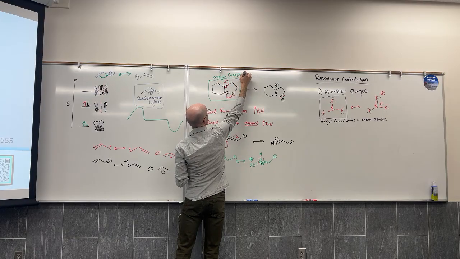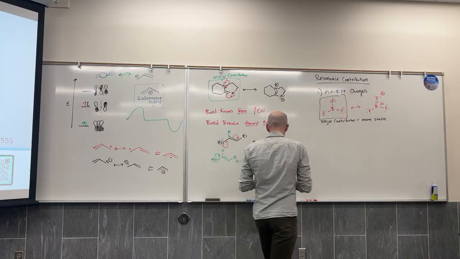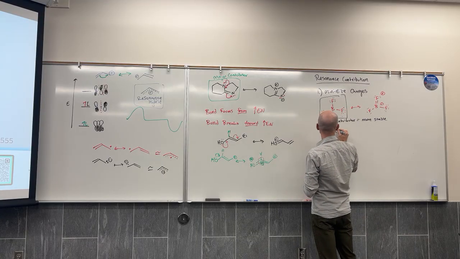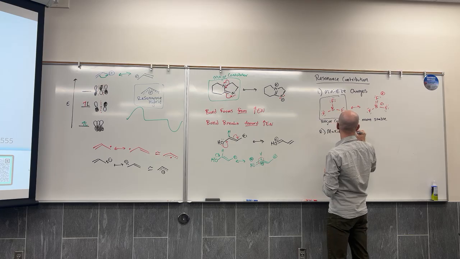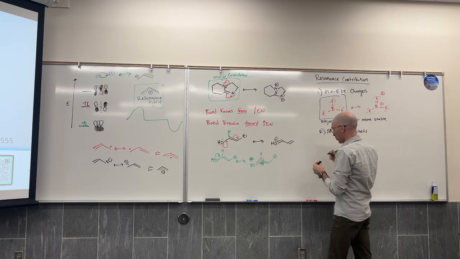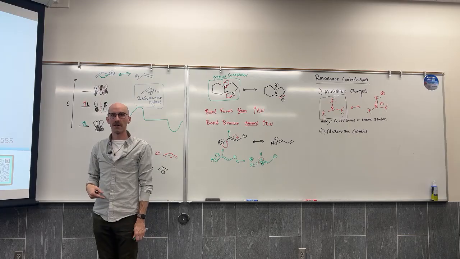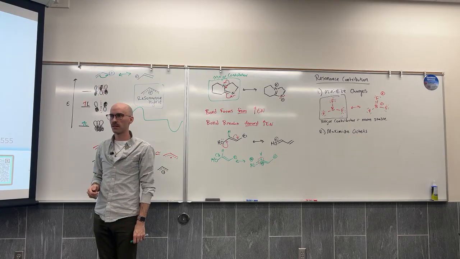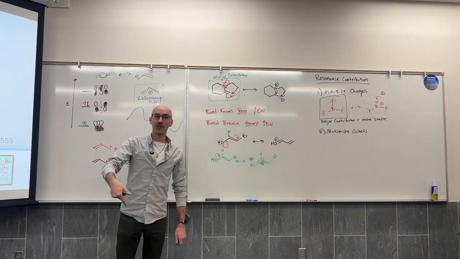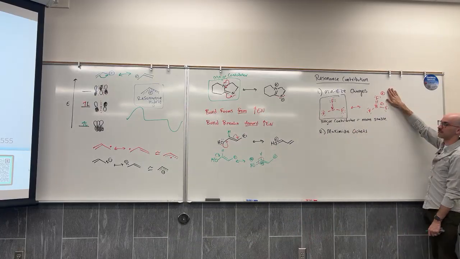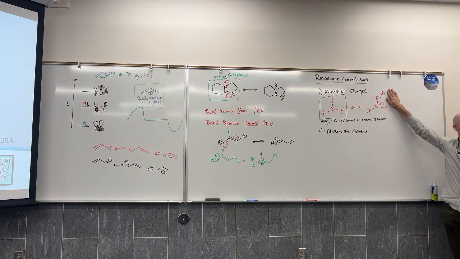Major contributor. Rule number 2. We aim to maximize octets. Do you see why this rule has to come after minimum formal charges? If I first tried to maximize octets, then I would say this is a better form of BF3.